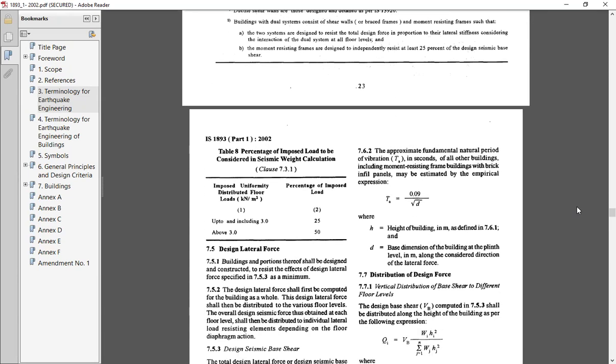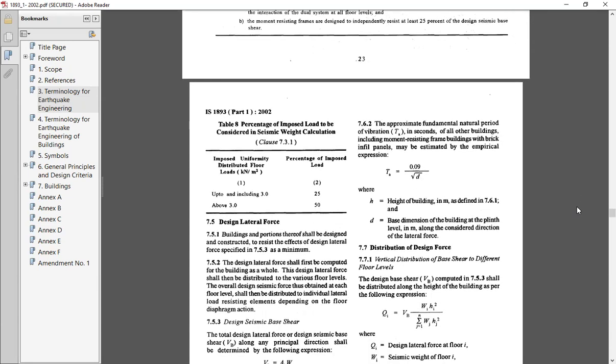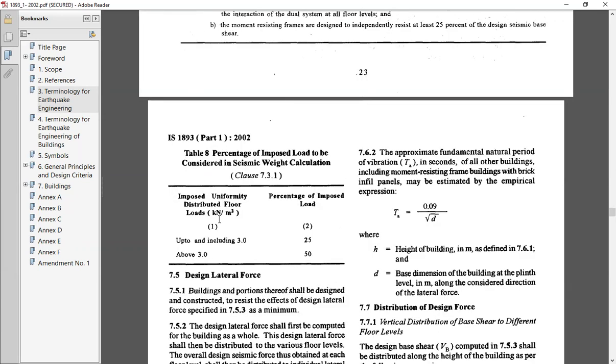And then table number 8 is also important. Table number 8 is the percentage imposed load to be considered in the seismic weight calculation. So whenever we are analyzing the structure for seismic forces, first we have to find out the seismic weight of the structure. So in that we have to consider this table. What does this table say? For imposed uniformly distributed floor loads up to and including 3 kilonewton per meter square, the percentage of imposed load should be considered as 25%.